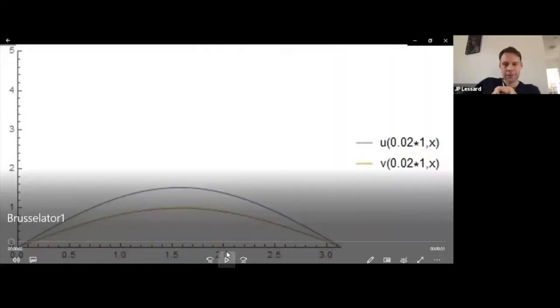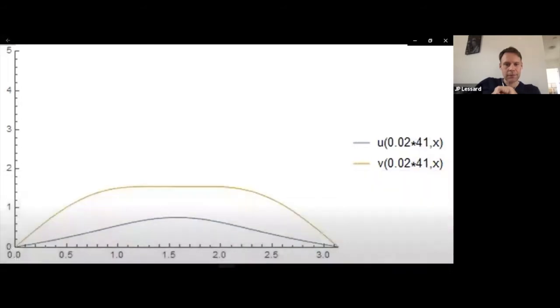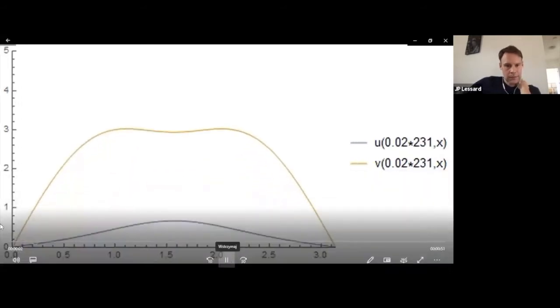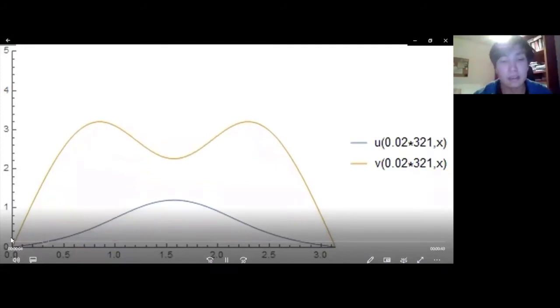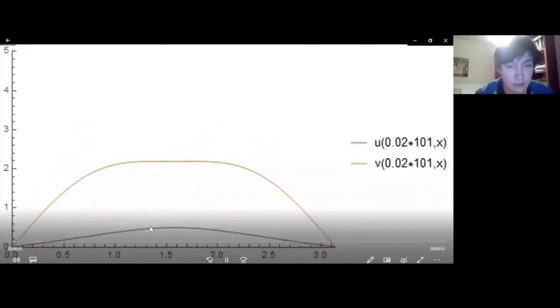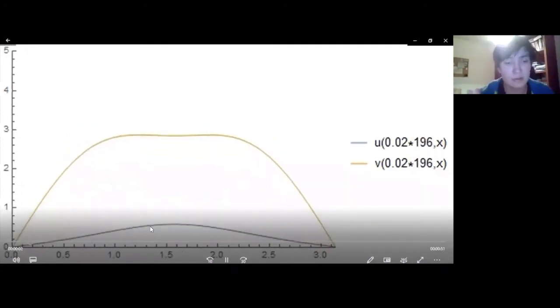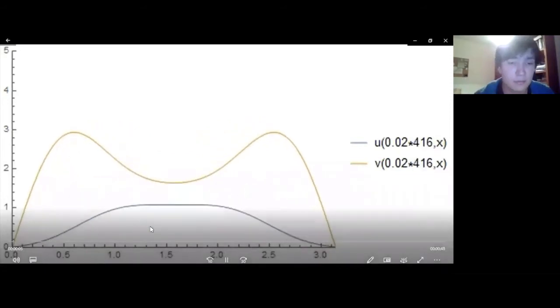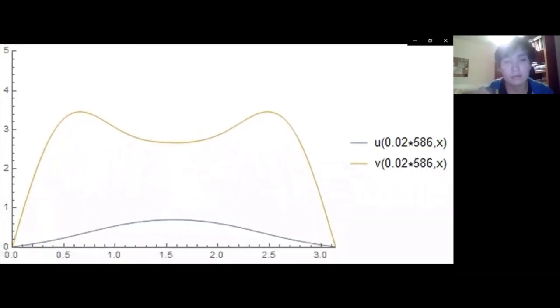Yes. Okay, great. So let's observe that it starts from some initial value and goes to periodic behavior.